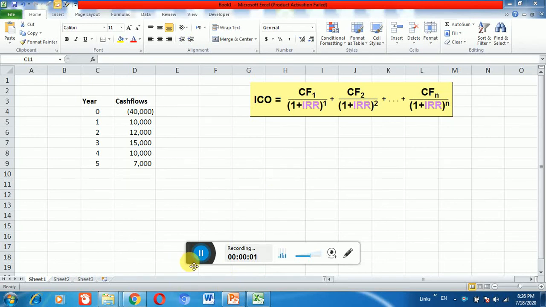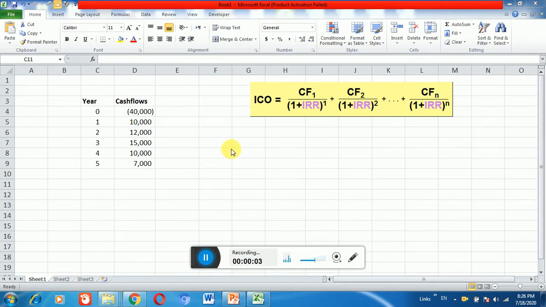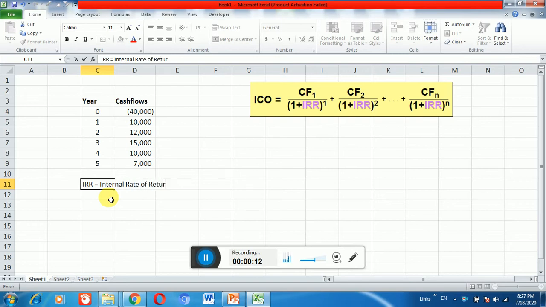Okay, dear students, now we are computing the IRR, which is the internal rate of return. As I've explained, what is the internal rate of return?